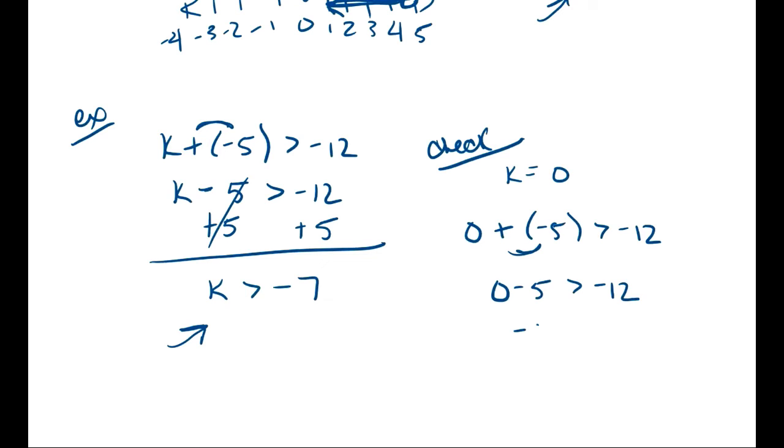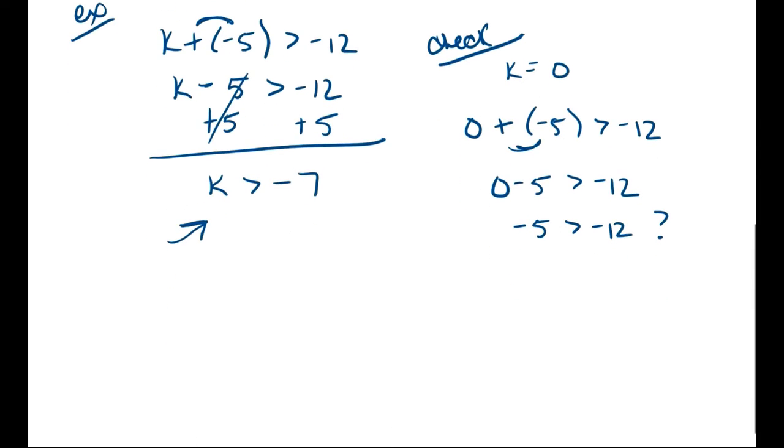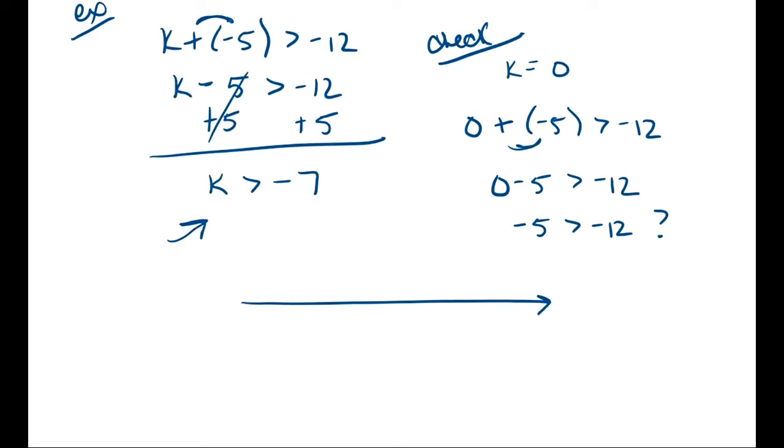And 0 minus 5 is negative 5. And then we have to ask ourselves, is negative 5 greater than negative 12? And again, be very careful when answering that question. I know it looks like maybe negative 12 is bigger, but when we're talking about negative numbers, this negative 12 is all the way down here. And so negative 5 is greater than that. And I know that we're good.